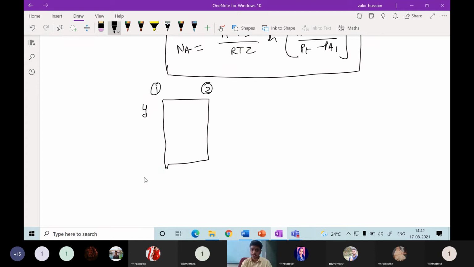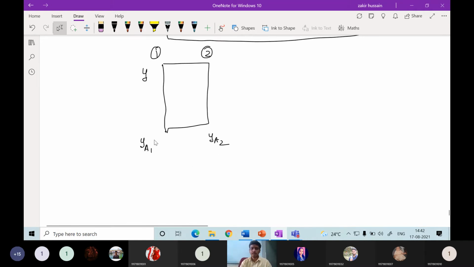The mole fraction at this place is Ya1 and at this place is Ya2. Ya1 is equal to Pa1 divided by Pt, and Ya2 is equal to partial pressure by total pressure, that is Pa2 divided by Pt.